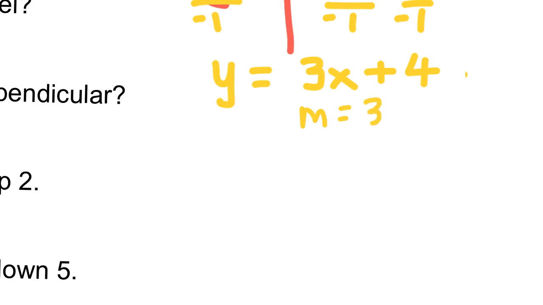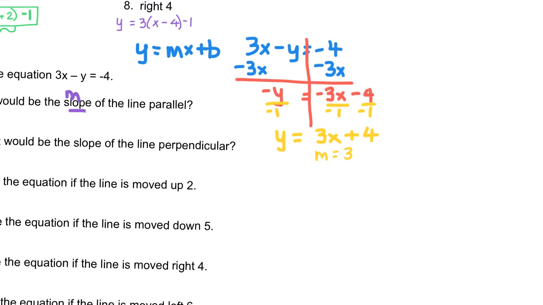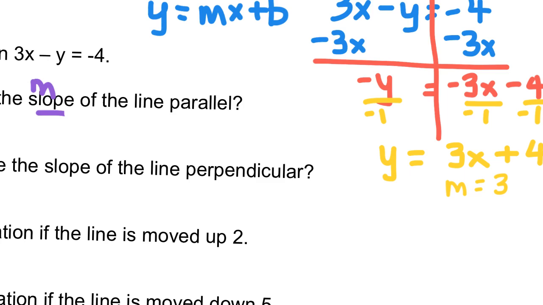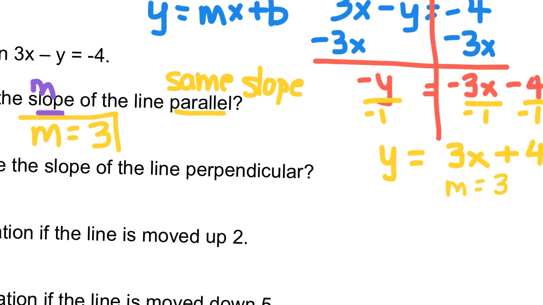The slope is 3. We want the slope of the line that's parallel to our original slope. So if it's parallel, then it means that it will have the same slope. And so that means that the slope of our line will also be 3.